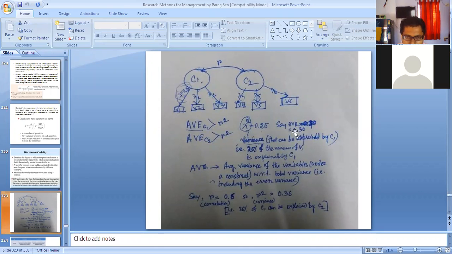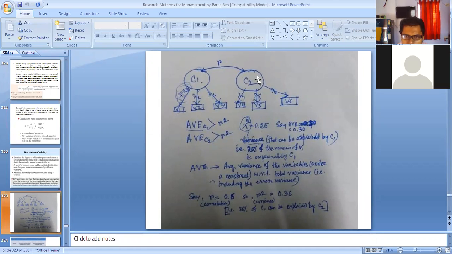Now if r is 0.6, then r square, that means the variance, will be 0.36. And your average variance extracted is 0.3. What does it mean? It means this r square is higher between C1 and C2.